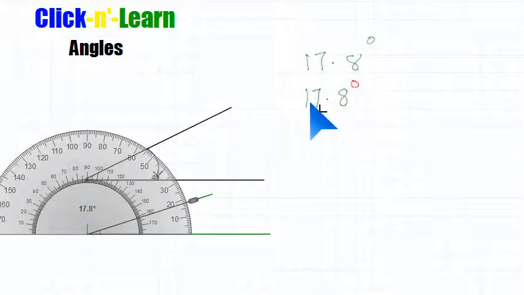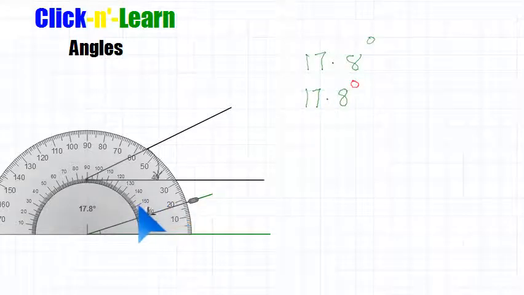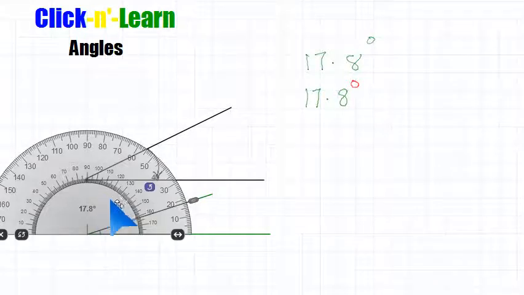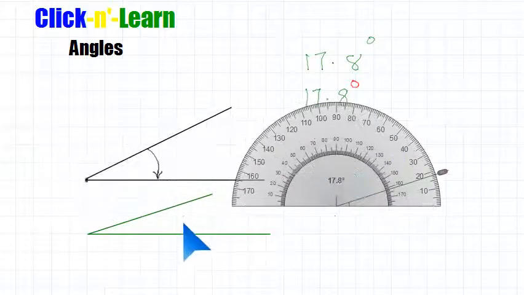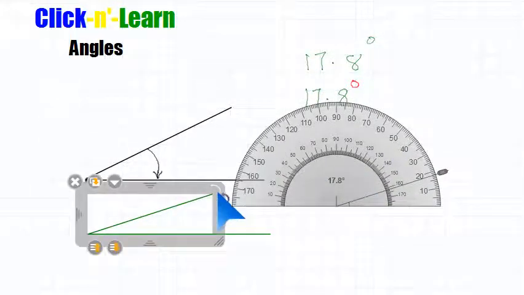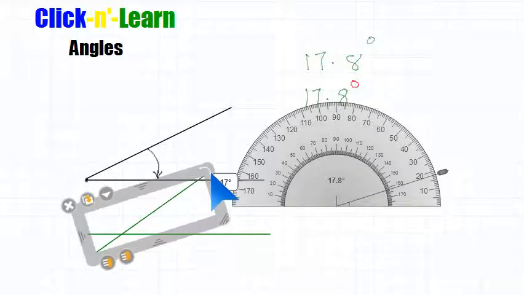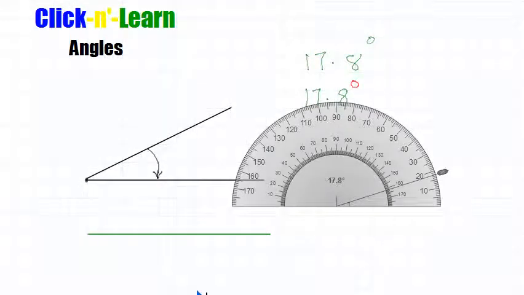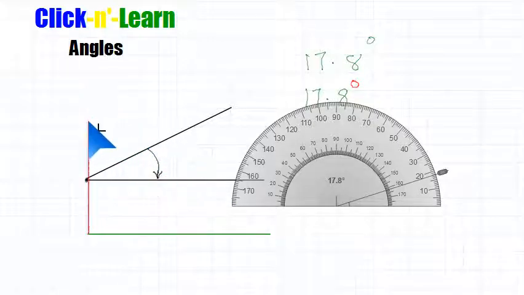So we can measure an angle as a fraction of a revolution. This line here represents a fraction. Okay, let's get rid of it. Draw another line from that point. That line there, we can measure an angle as a fraction of a revolution.